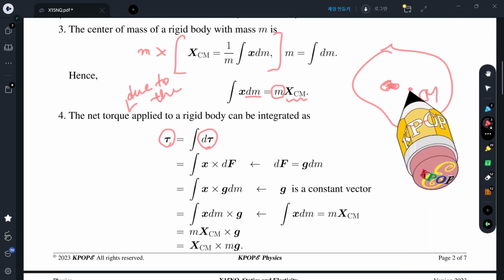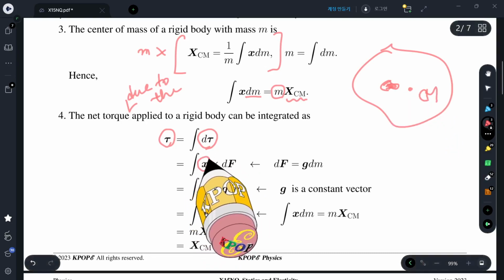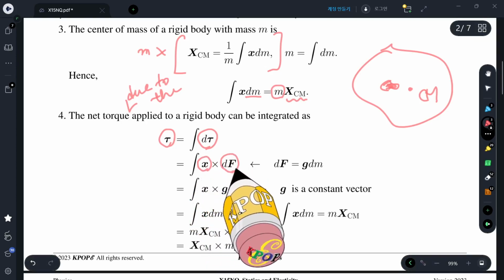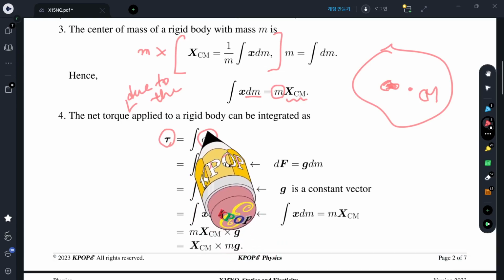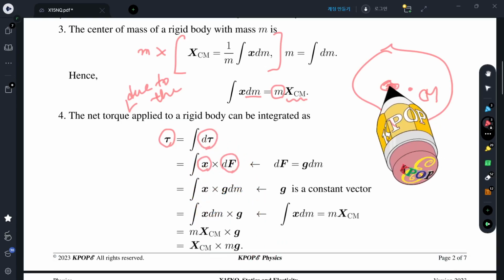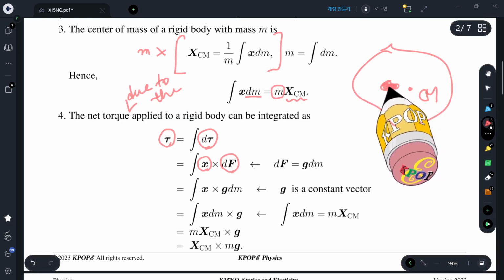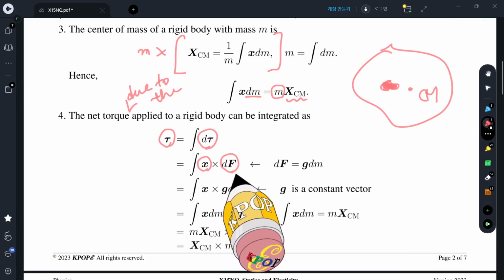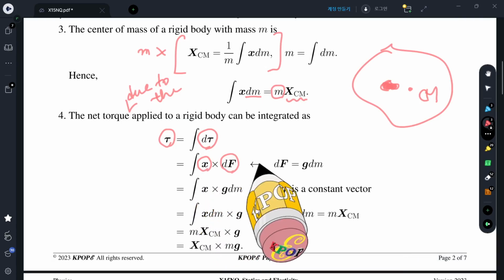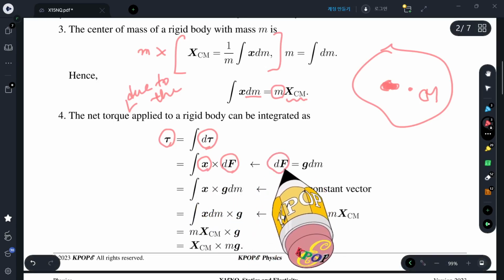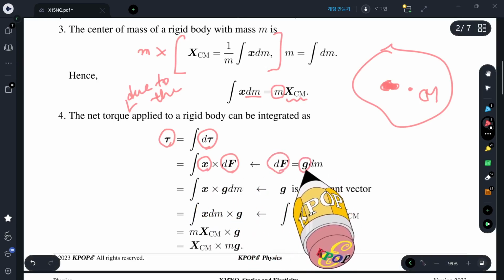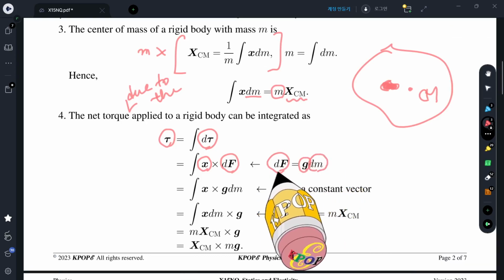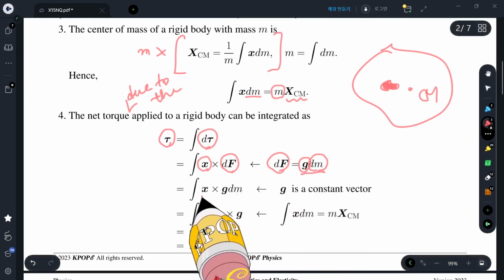Here, x times force. X cross force is the torque. So this differential torque on a small, tiny, infinitesimal mass element due to the gravitational force applied is x cross dF. And we recall that dF is the constant gravitational acceleration multiplied by the differential mass. We substitute this for dF.